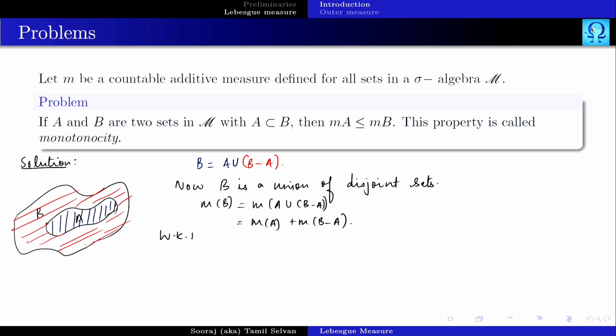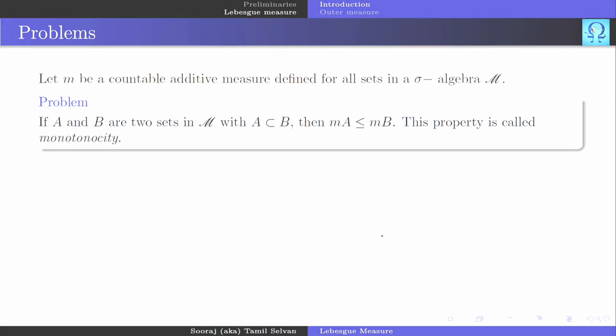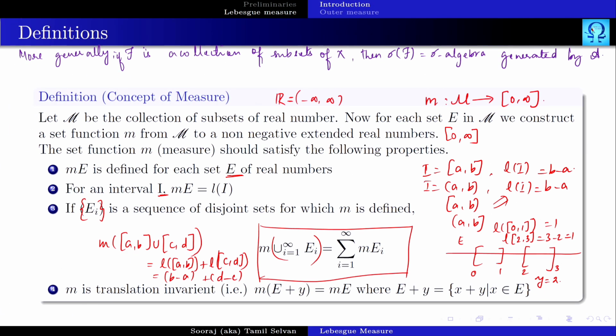We know that measure of any set is non-negative. Am I right? Why is it so? By the definition, for each set in M we are going to construct a set function which assigns every set a non-negative real number, sometimes infinity as well.